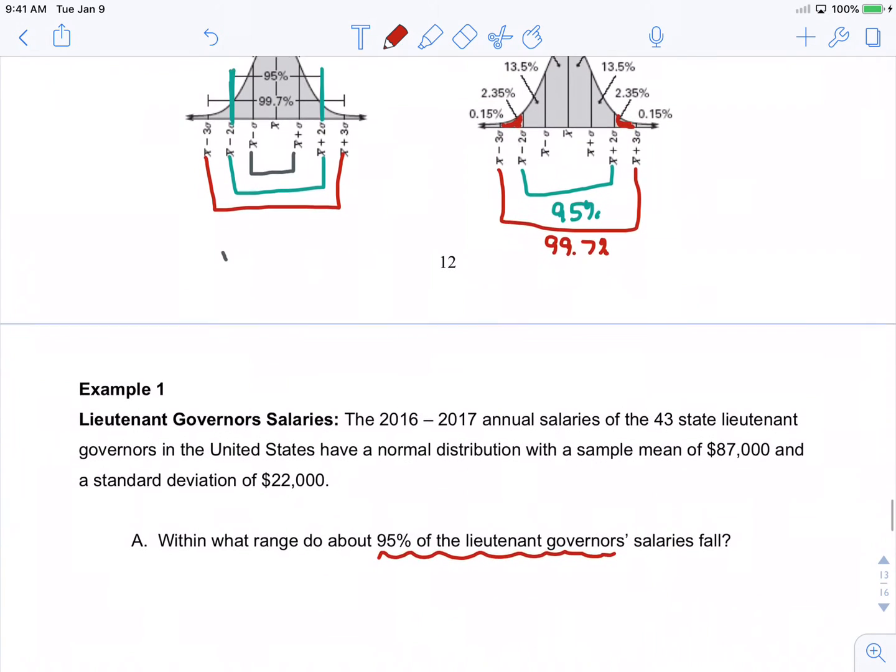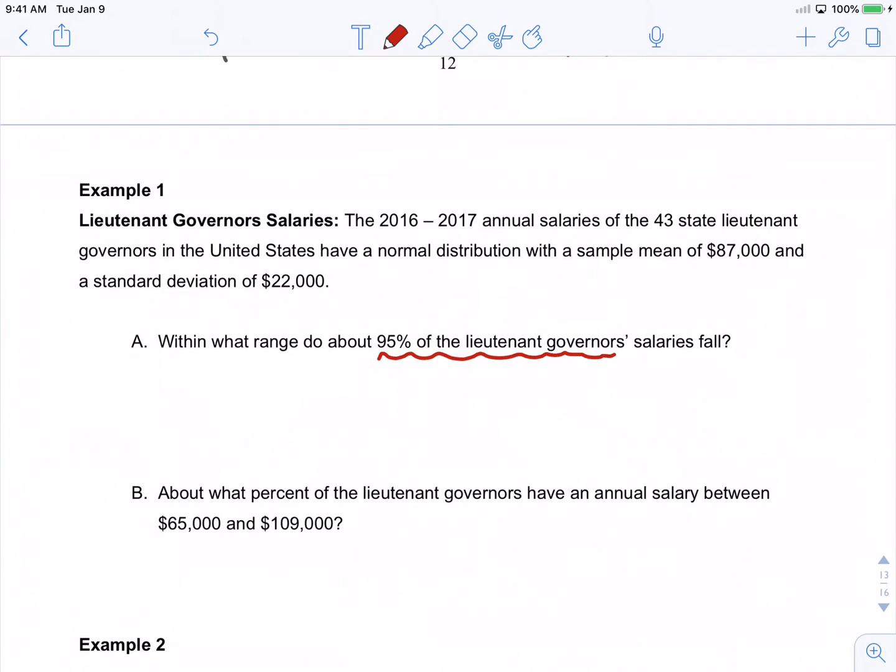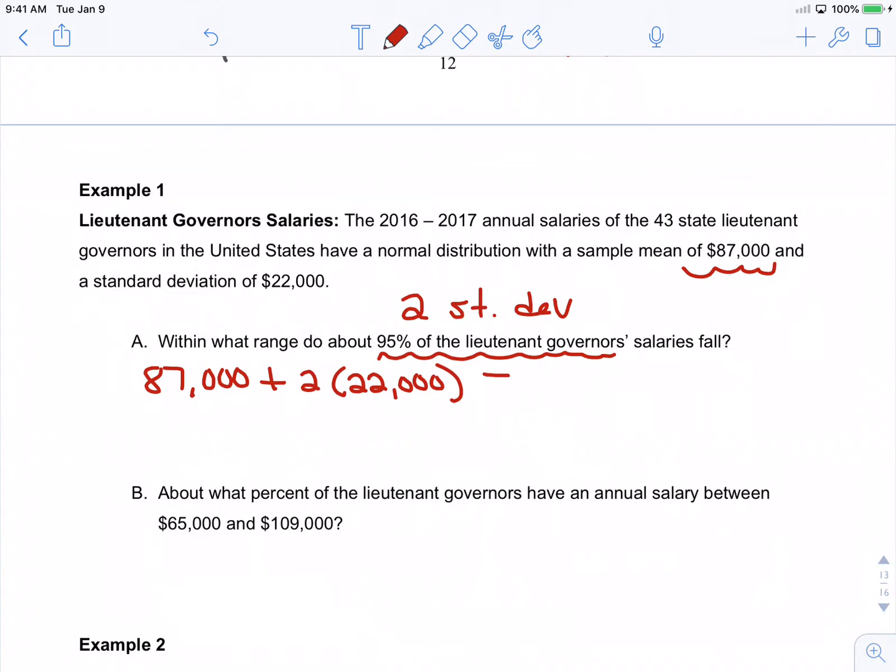So I want to figure out what numbers represent the boundaries of 2 standard deviations. I can do that pretty easily by taking the mean that was given, which is the 87,000, and adding 2 standard deviations, or taking the standard deviation and doubling it. That gives me the number on the right, the number that's above the middle of the graph.